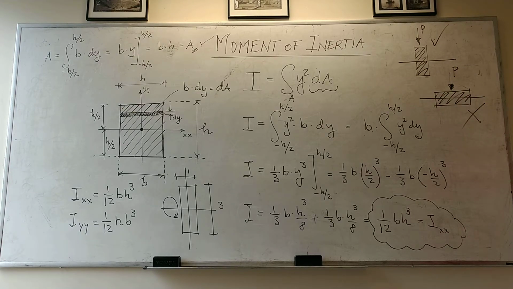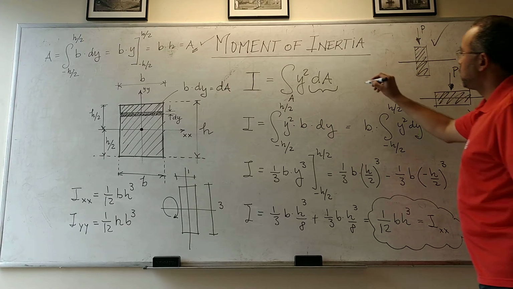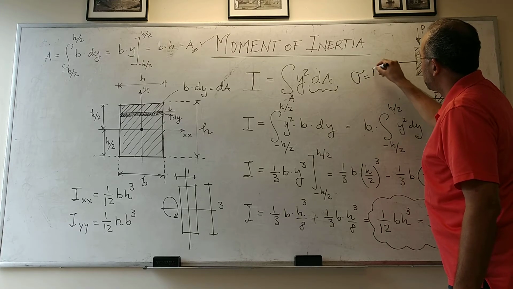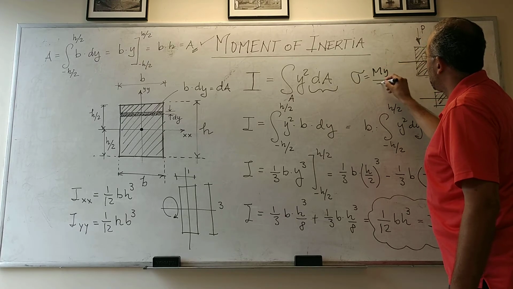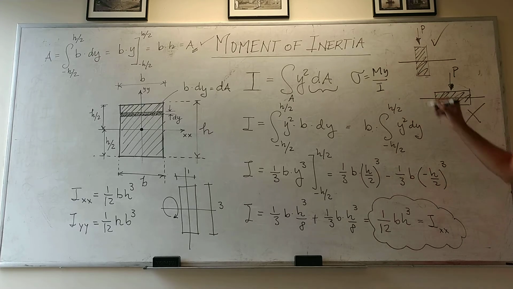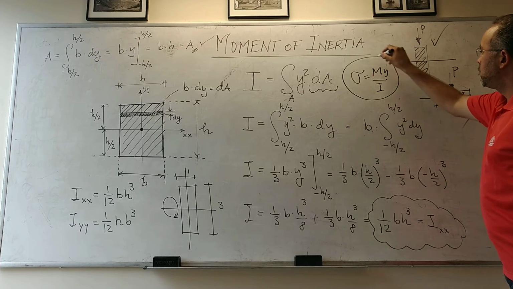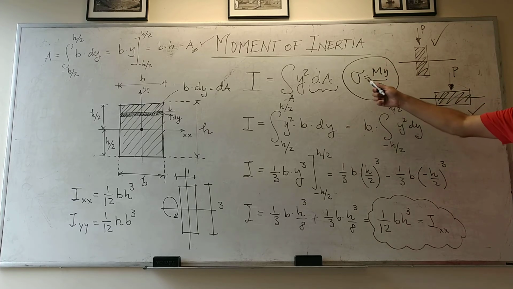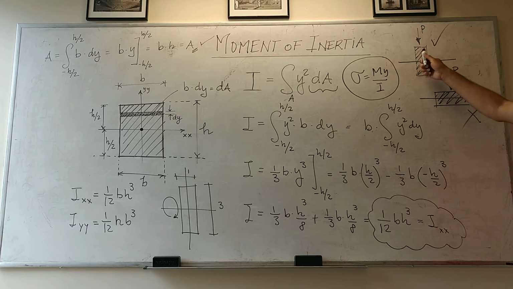This one is not, because this has a much lower moment of inertia, which, as we said before, because of the formula for bending stresses, you're going to have a lot larger stresses here as opposed to here.